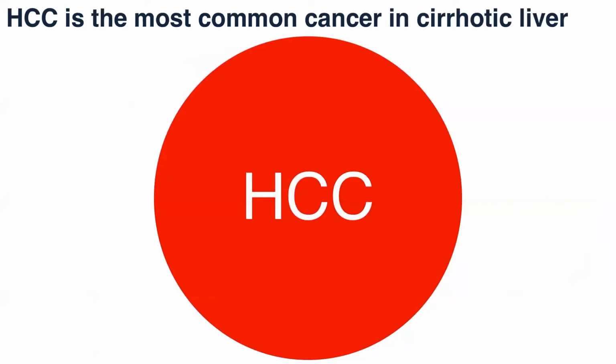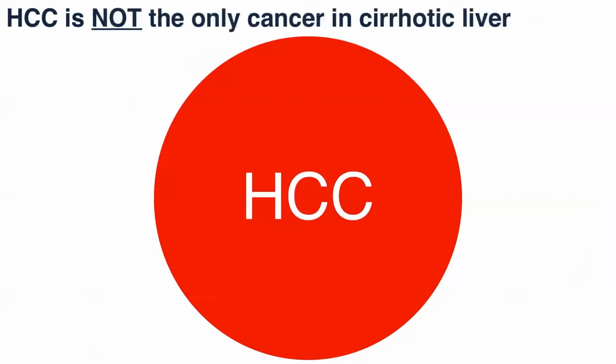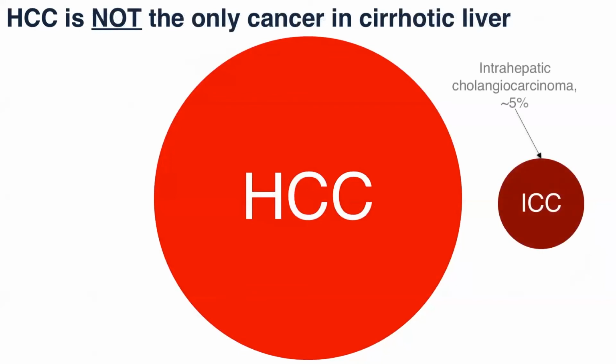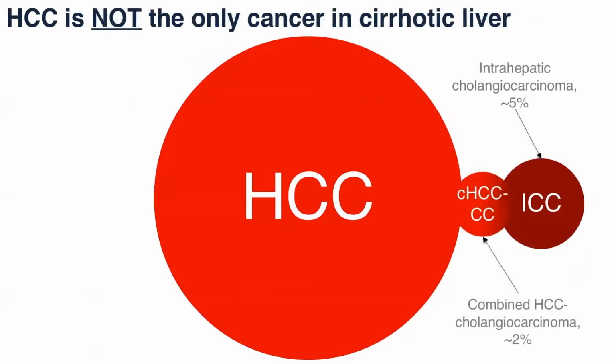HCC is by far the most common cancer in the cirrhotic liver, but HCC is not the only cancer in the cirrhotic liver, because the cirrhotic liver also contains intrahepatic cholangiocarcinomas, or ICCs, and these comprise probably about 5% of all cancers in the cirrhotic liver. In addition, there are some cancers that can't make up their mind whether they want to be HCCs or cholangios.